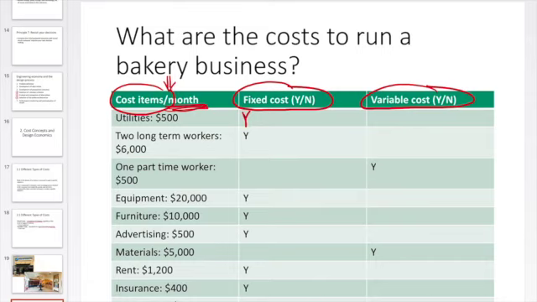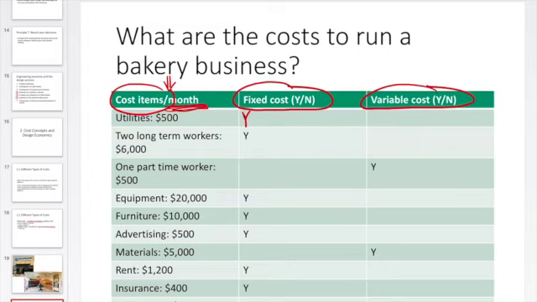So that's going to be the fixed cost. The second item is you're going to hire two long-term workers. One is working in the kitchen, the other is working at the cashier. The total payment for these two long-term workers is 6,000. They are long-term, you have to hire them maybe for a year, depending on what kind of contract you sign.